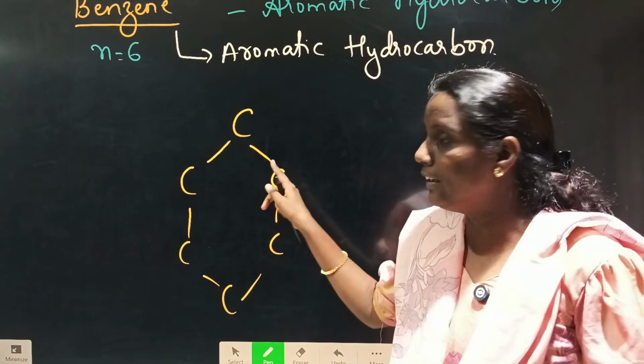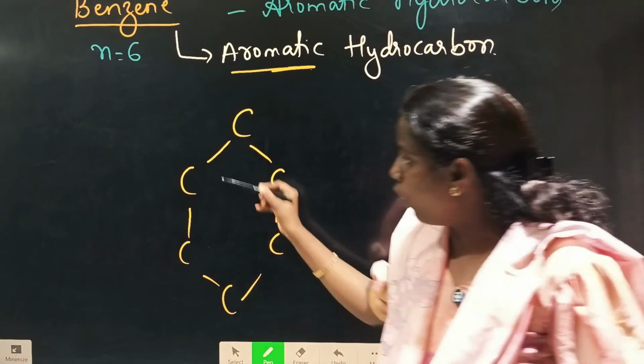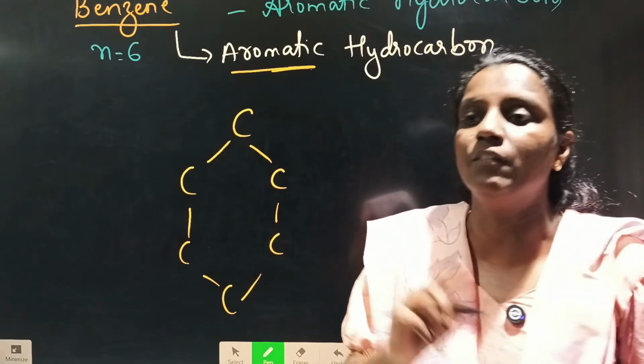But here in this form, especially in aromatic hydrocarbons, alternate carbon atoms will have a double bond.